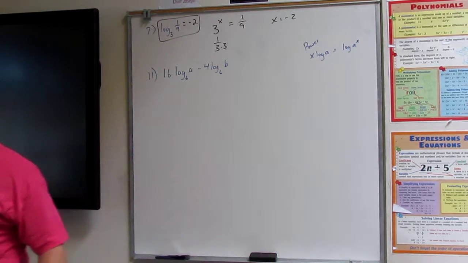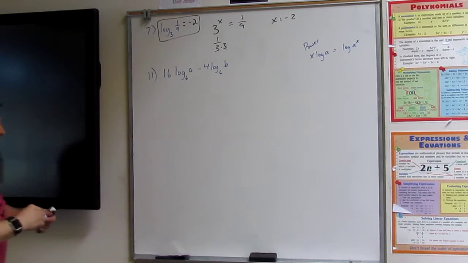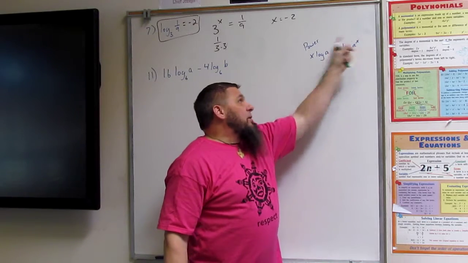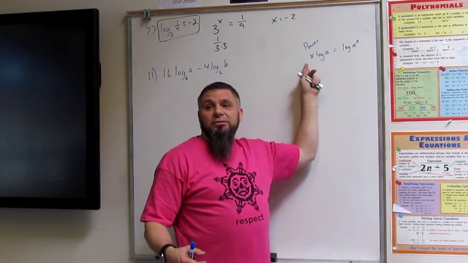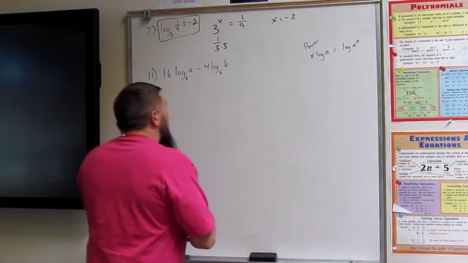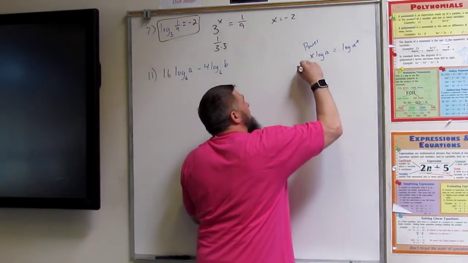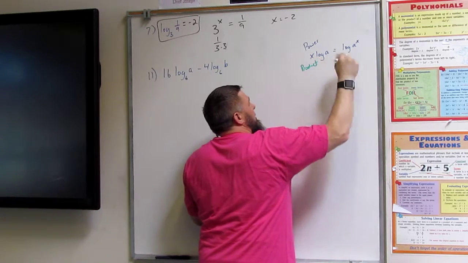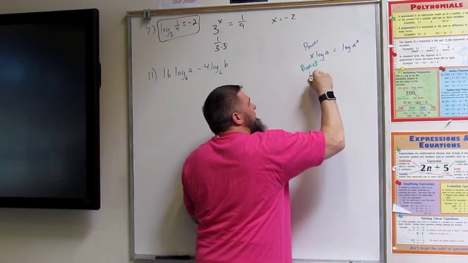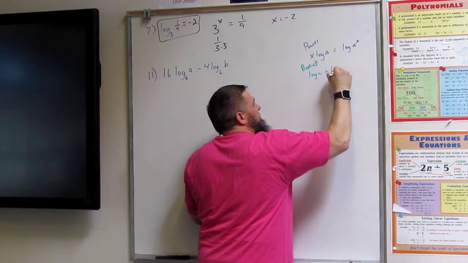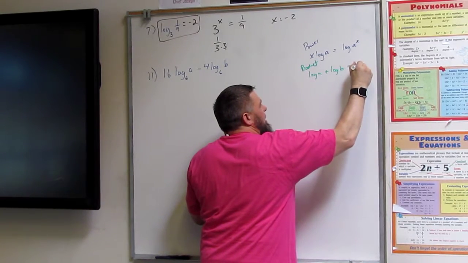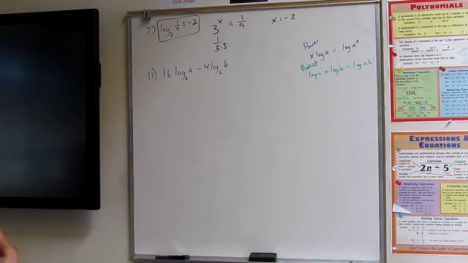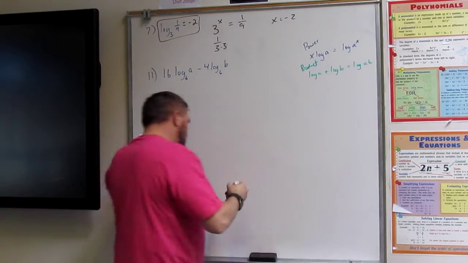So it just becomes the power. Then if you're multiplying in front, it goes both ways, so this power goes back in front. And there's also the product rule, where you have log of A plus log of B, and that equals log of AB, where you're adding, you're multiplying.